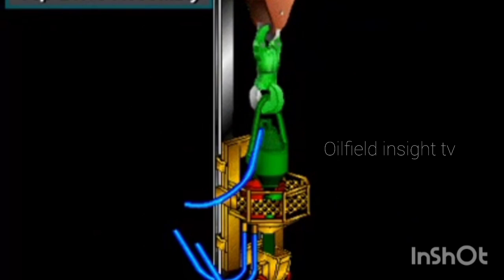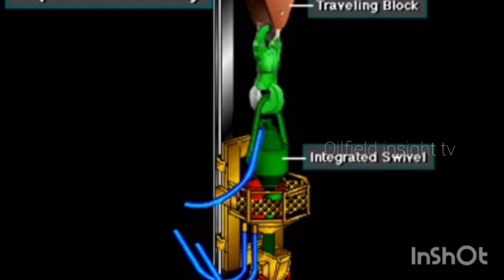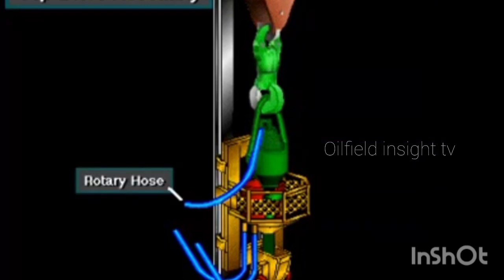A top drive does not use a Kelly or the rotating components of the rotary table. The top drive includes a traveling block and an integrated swivel. The rotary hose conducts drilling mud to the integrated swivel via an S-shaped assembly. A passage inside the swivel drive shaft directs mud into the drill string.